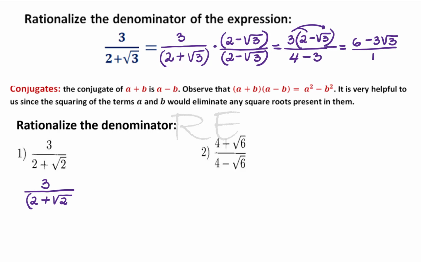To rationalize 3 over 2 plus square root of 2, we will multiply by the conjugate, 2 minus square root of 2 over itself. The numerator becomes 3 times 2 minus square root of 2.